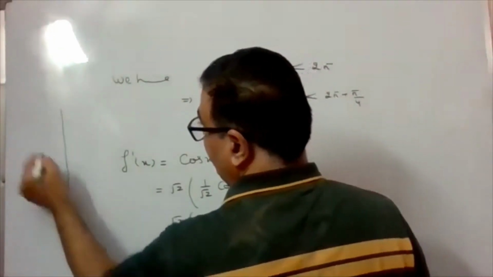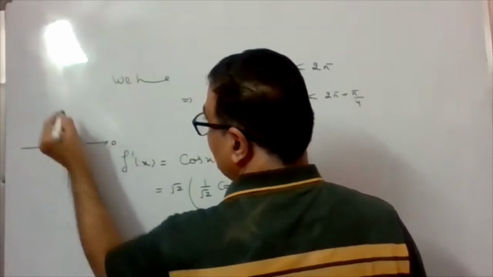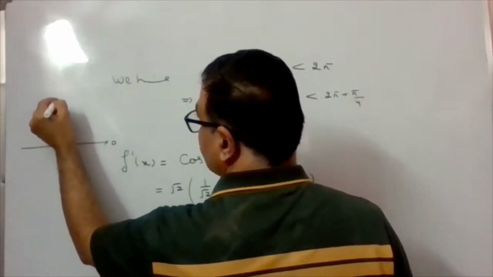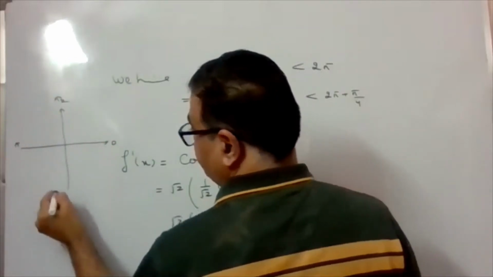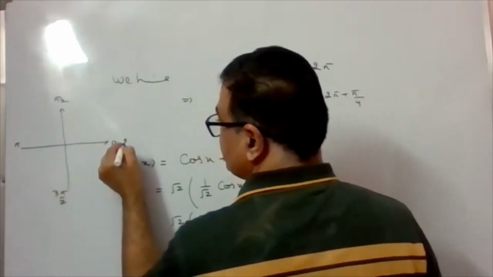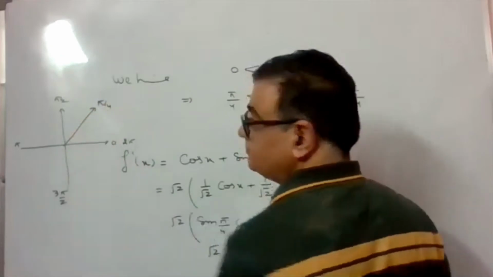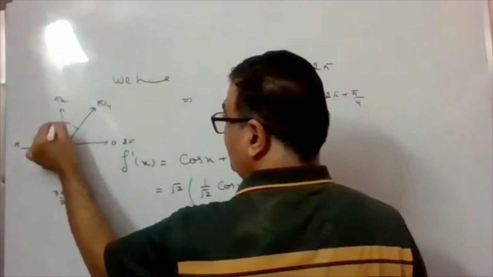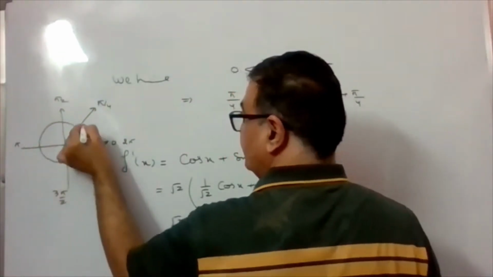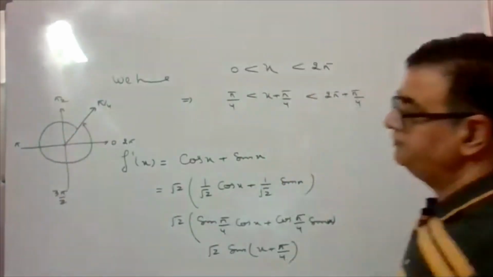So again the coordinates must be decided. 0, here it is pi by 2, pi, 3 pi by 2, this is 2 pi. Start is at pi by 4. Pi by 4 onward, here it goes 2 pi and then 2 pi plus pi by 4.